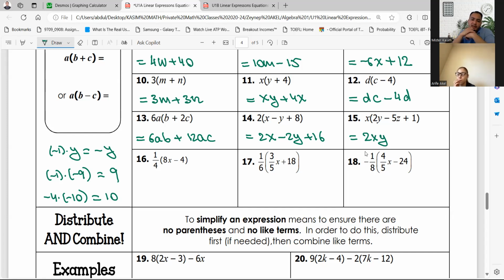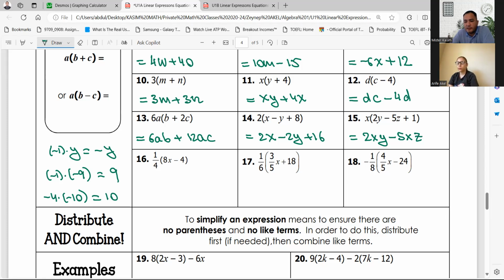Next, what is x times negative 5z? Minus 5xz, right?